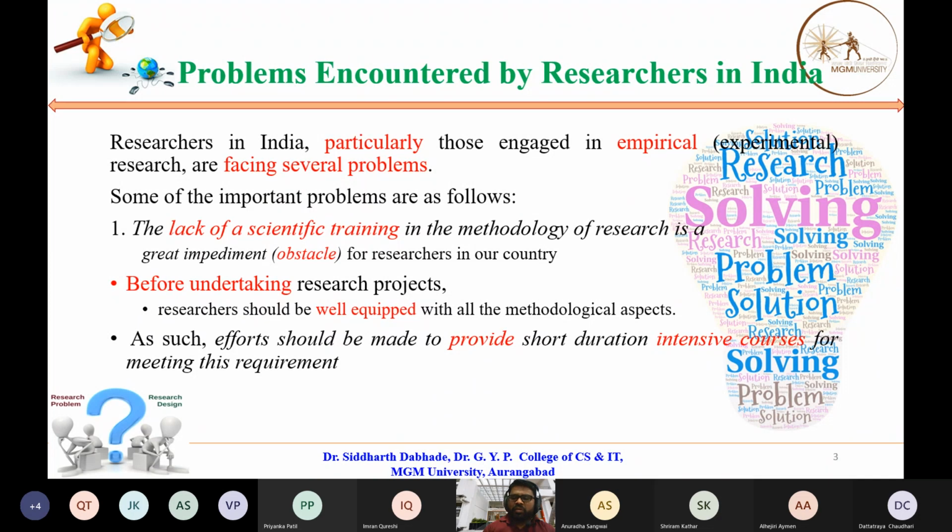I think the very first version of Kothari's book was published in, let me check, the first edition was published in 1985.